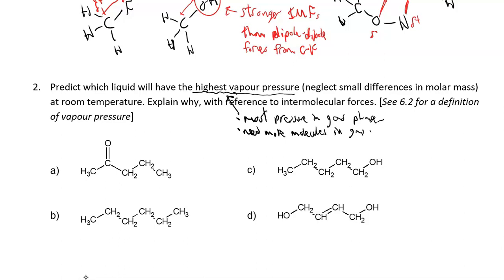More molecules is more pressure for a given temperature, and this is all at room temperature, so the temperature is the same. In order to get more molecules, we need to break the intermolecular forces of the molecules in the liquid phase.